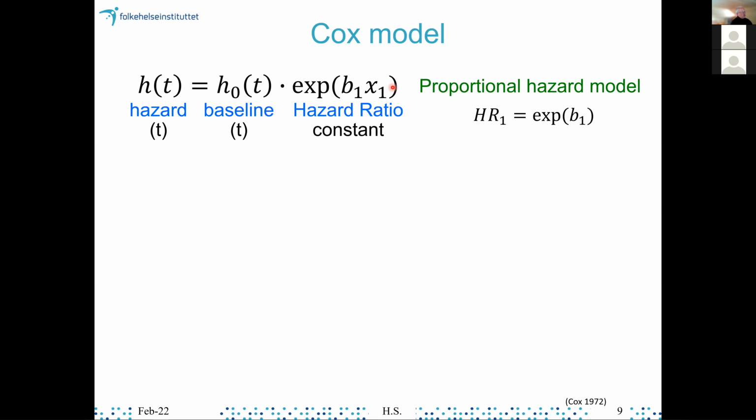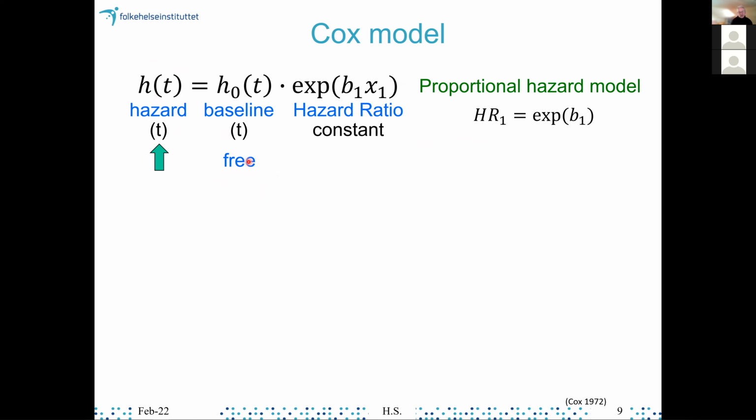And there can, of course, be many more terms in the model, like B2 times an X2, where we adjust for other variables. Now, we are usually interested in this hazard ratio. In the estimation of the model, however, this baseline hazard is so-called conditioned out of the model.